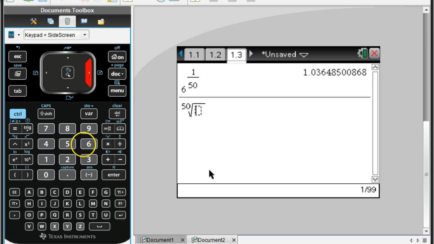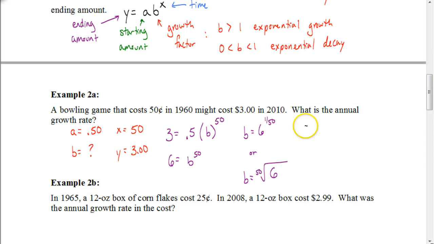Arrow over to the right and type in 6 underneath the radical sign, and you get 1.036 as well. So either way, you get the same answer. It does not matter which method you use, so just find the one that you're most comfortable with and use that one. Either way, you get 1.036.